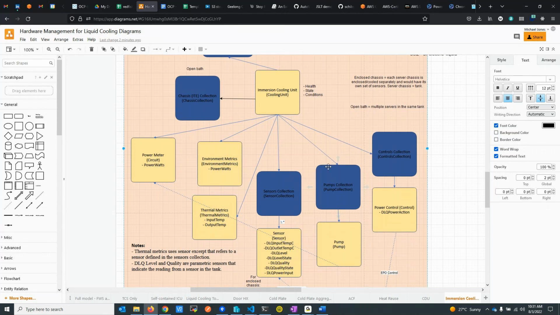So if the immersion cooling unit implements a pump, then you can grab how much power that pump, or how much ancillary power, is being used to keep the immersion cooling unit running, as opposed to the power delivered to the cooled equipment. Okay, let me stop there and see if there are any questions or concerns.